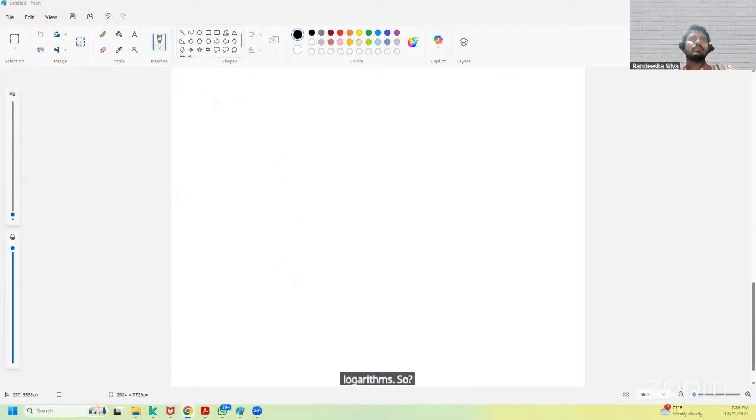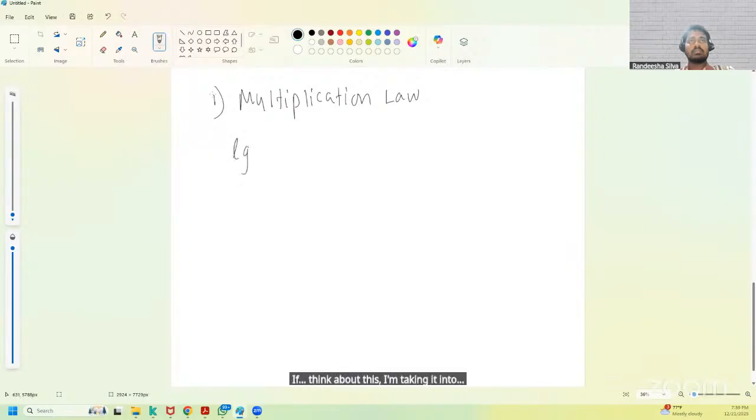The first one is the multiplication law. You know that. Multiplication law means, taking base 10, log of m times n can be written as log m plus log n.